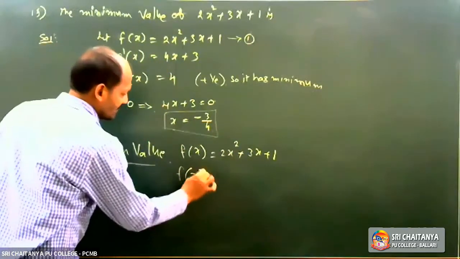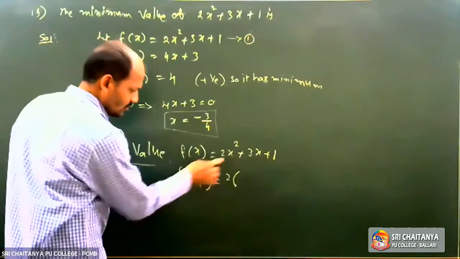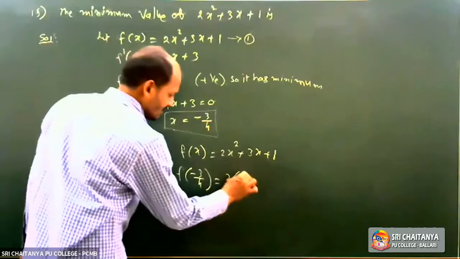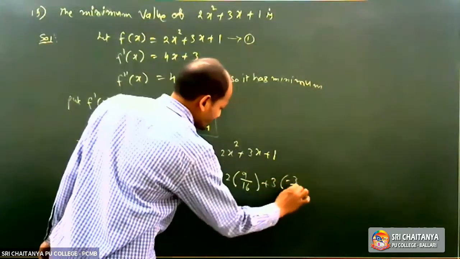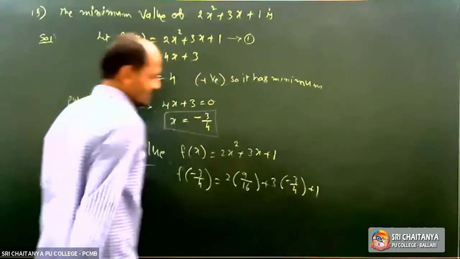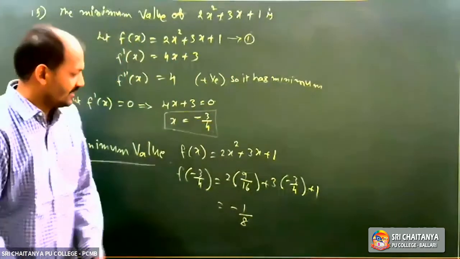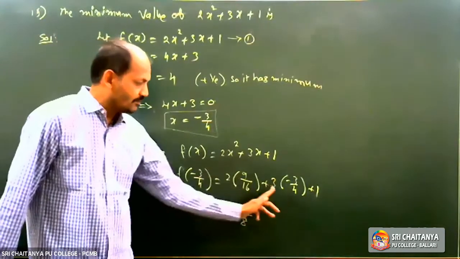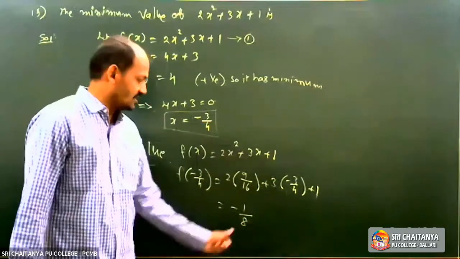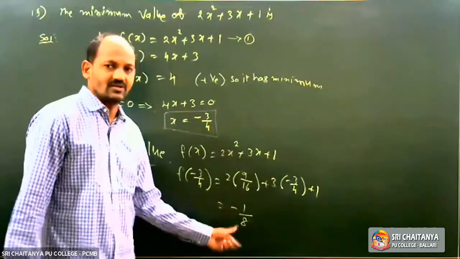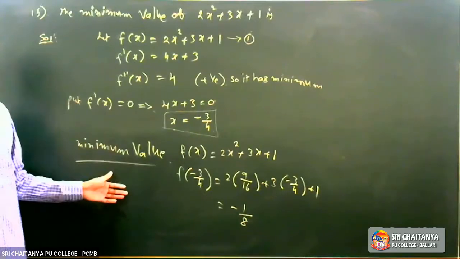F of minus 3 by 4 is 2 into minus 3 by 4 whole square, 9 by 16, plus 3 into minus 3 by 4, plus 1. It is 9 by 8 minus 9 by 4 plus 1. Taking LCM 8, we get minus 1 divided by 8. It is the minimum value.